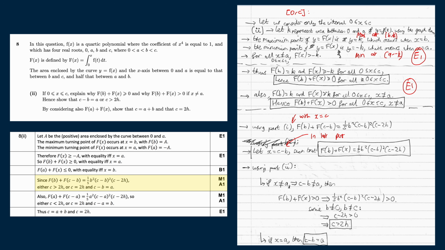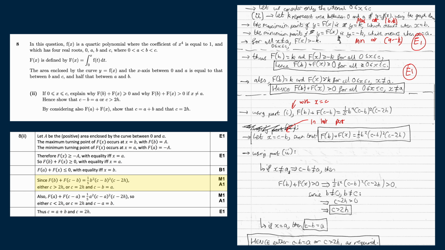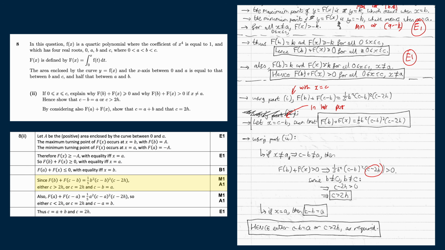certainly I'm satisfied. So they've used that result, knowing that this thing has to be positive by the last part. We have an expression for it, and we deduce that in order for that to be positive, I need this thing to be positive. Or in the case that x is actually equal to a, they're saying that we could have c minus b is equal to a.